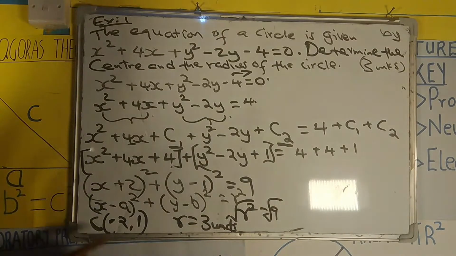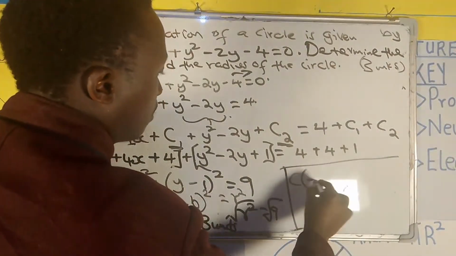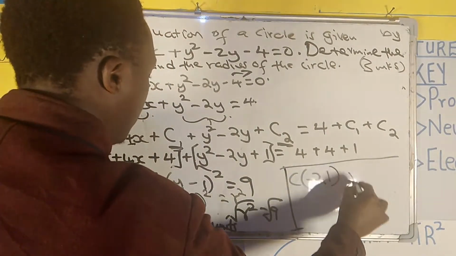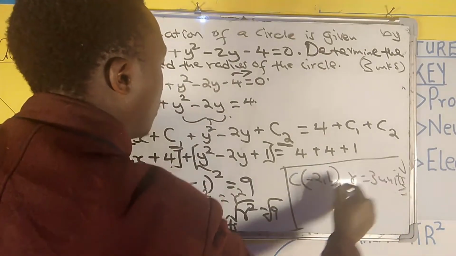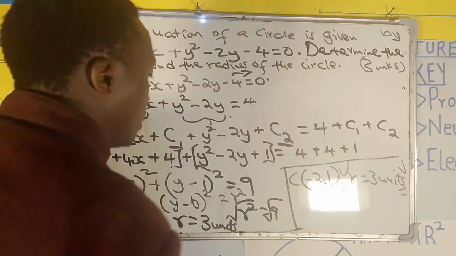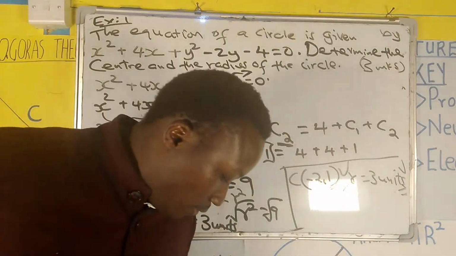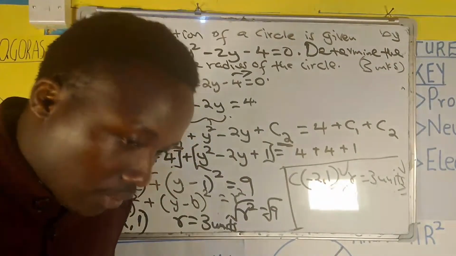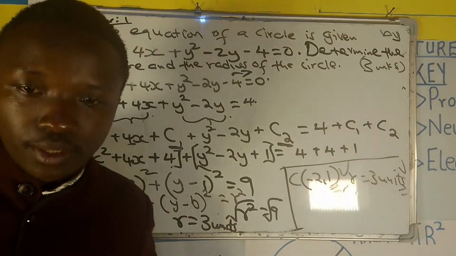So the center is negative 2, 1, and the radius is equal to 3 units.